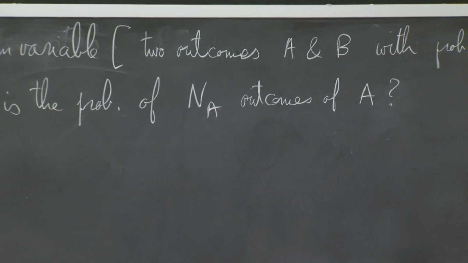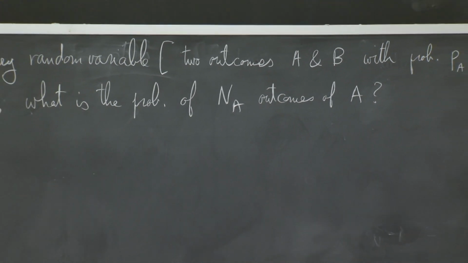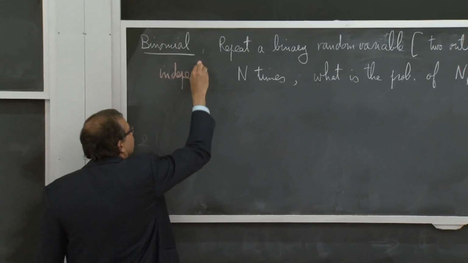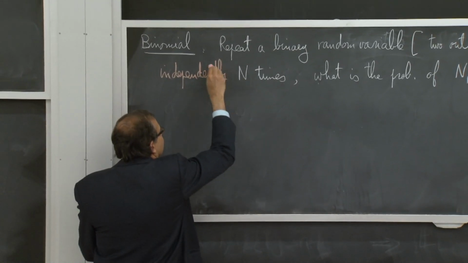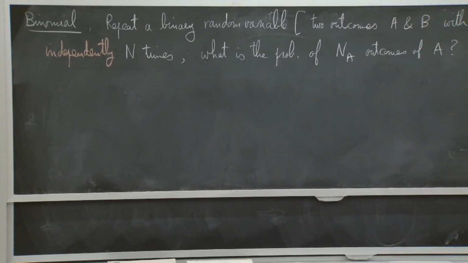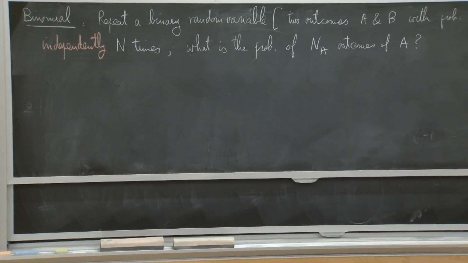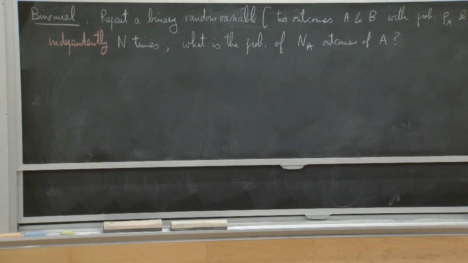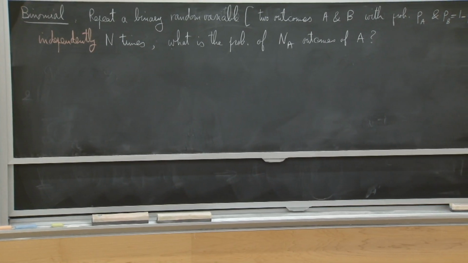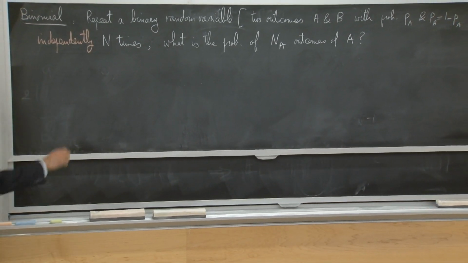And I forgot to say something important, so I write it in red. These should be independent. That is, the outcome of a coin toss at, say, the 5th time should not influence the 6th time and future times. So, okay, this is easy.